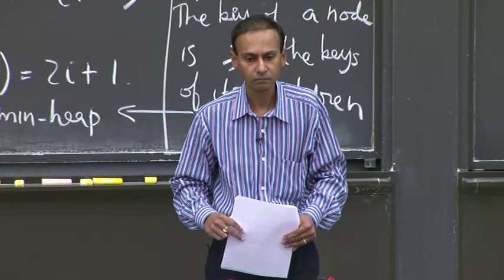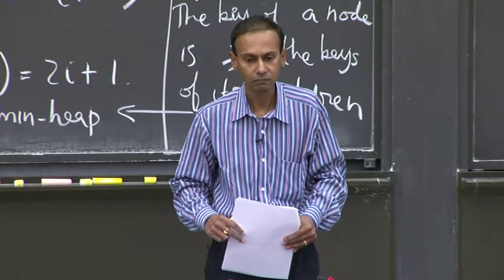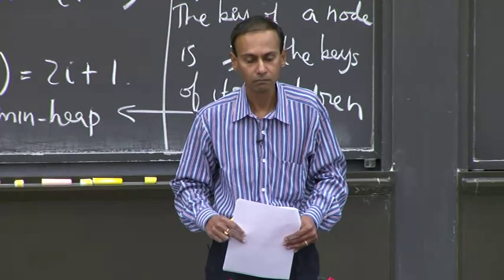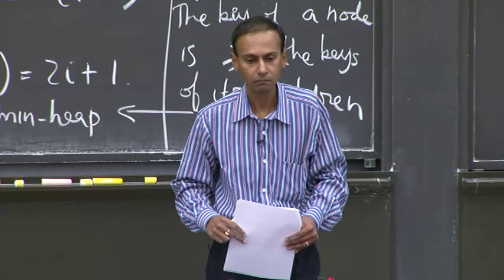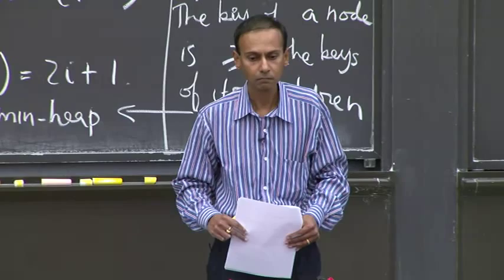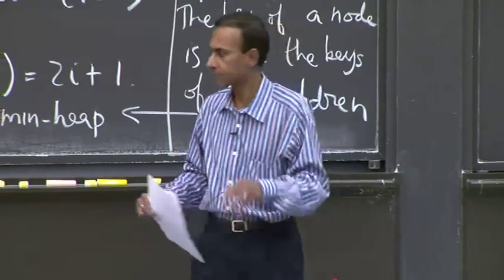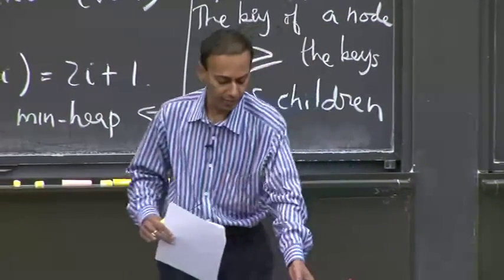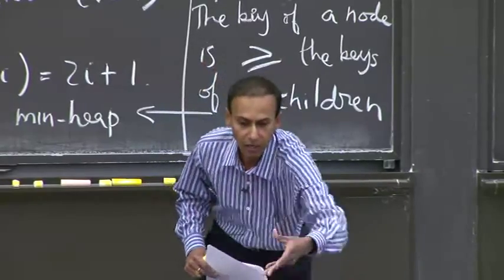So for some n, there will be a constant number of comparisons to max-heapify all these things below it. Yeah, it's hard to explain. You're on the right track. You're absolutely on the right track.